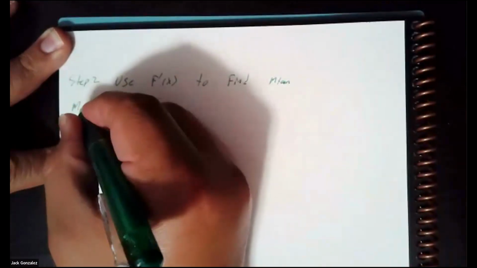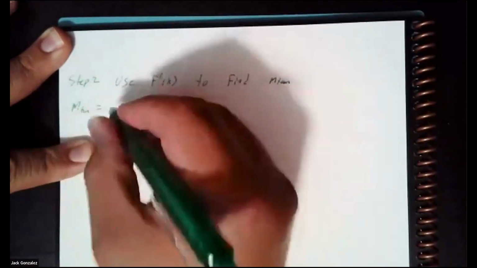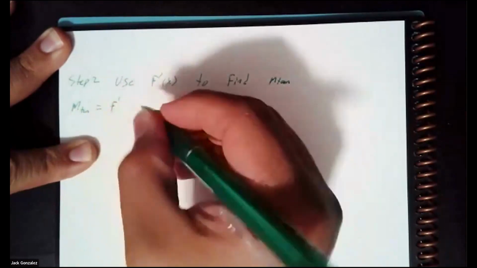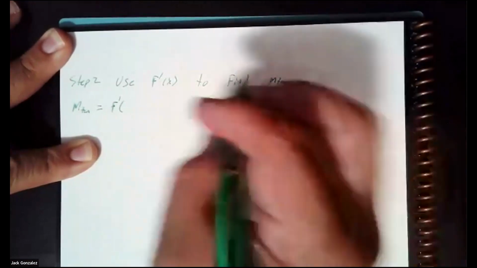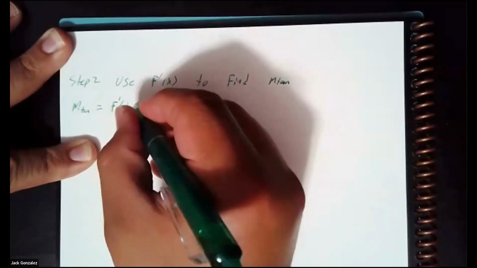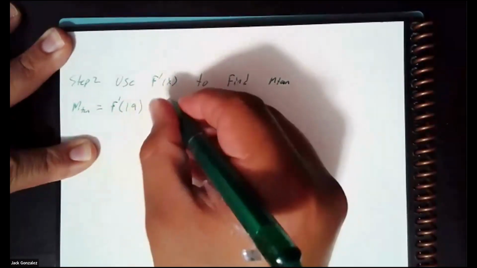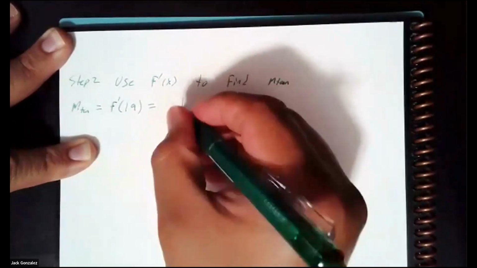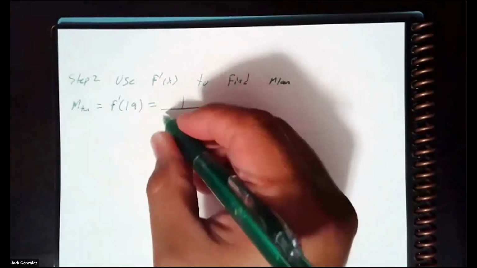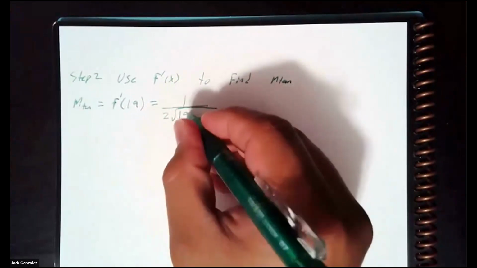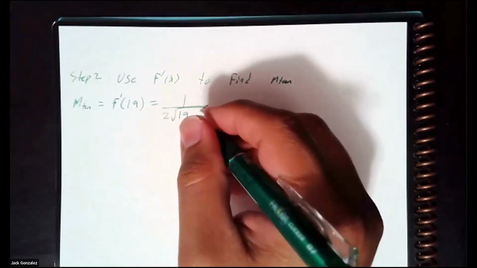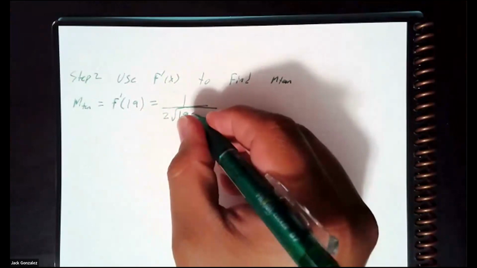So m tangent is equal to the derivative at that point, 19. That'll be 1 over 2 times the square root of 19 minus 3, right? That's what it was.